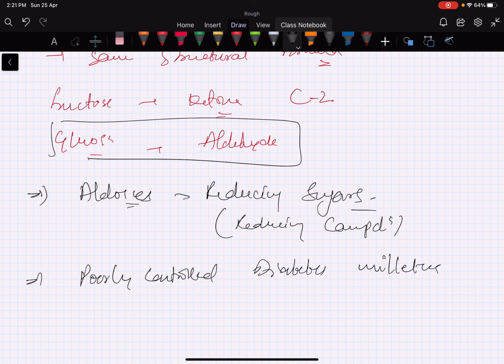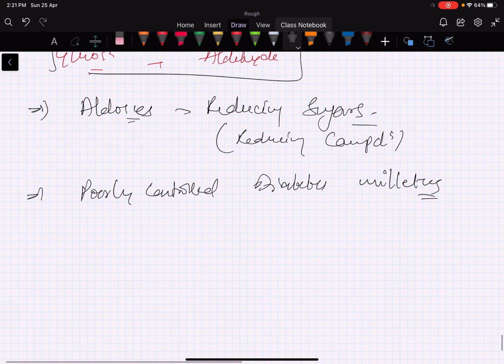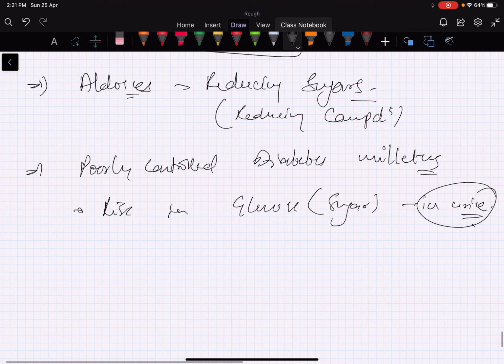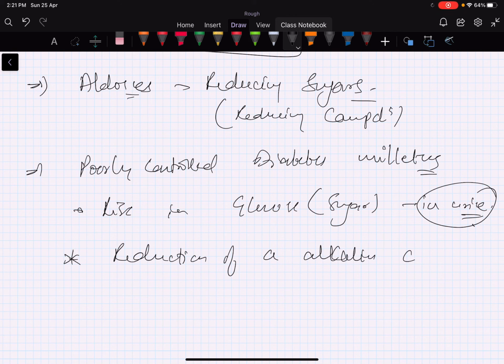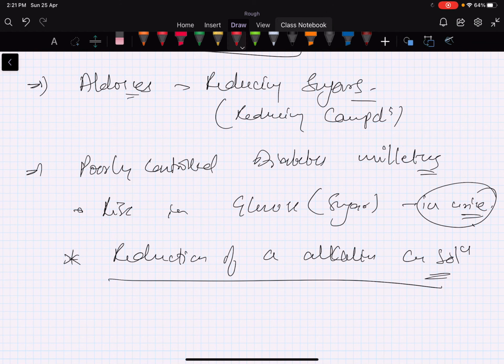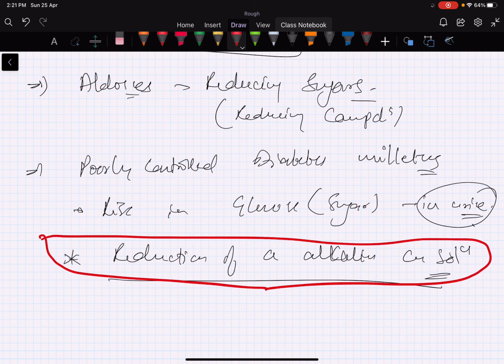Blood glucose level will rise. That will lead to a rise in glucose or sugar in urine. Naturally, sugar is not found in urine, so a simple chemical test can be done to detect this. That is reduction of an alkaline copper solution. Reduction of an alkaline copper solution is used for detection of sugar in urine in case of poorly controlled diabetes mellitus.